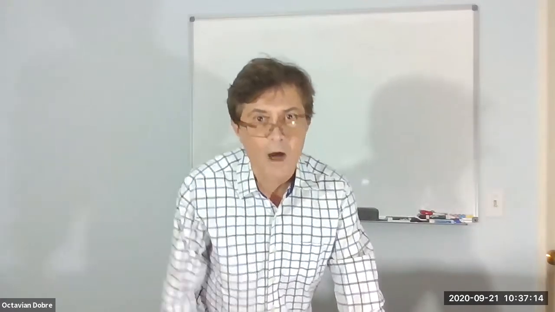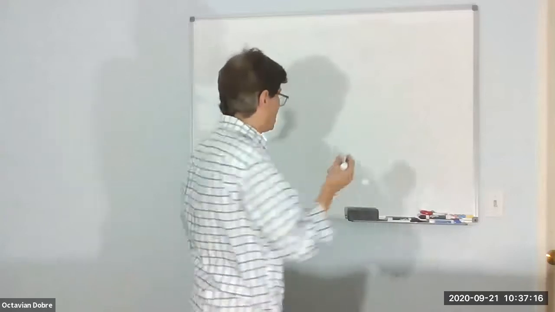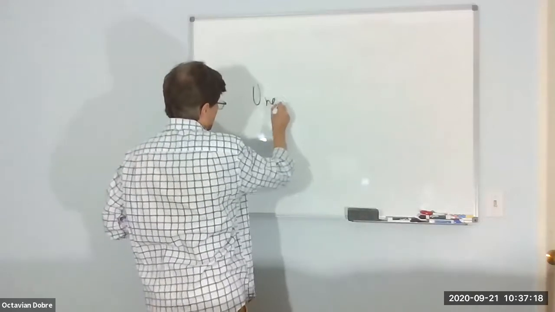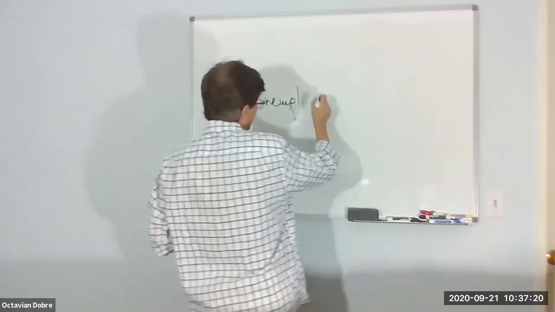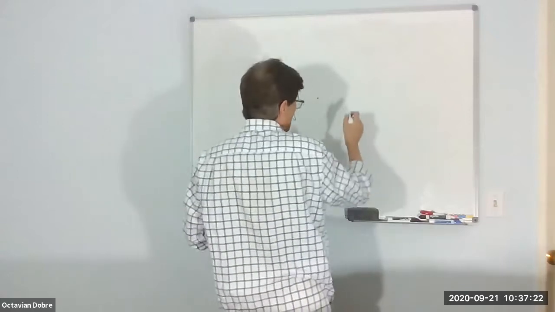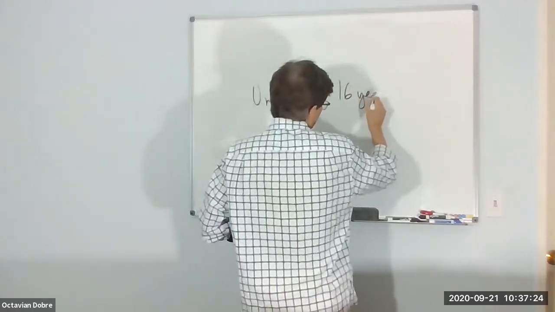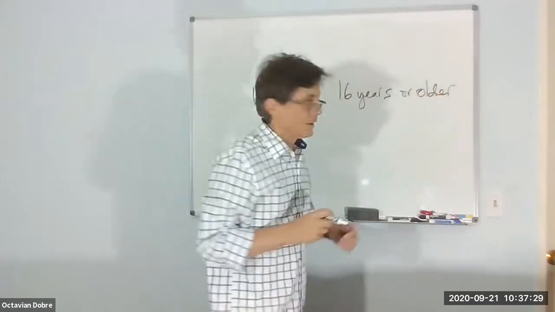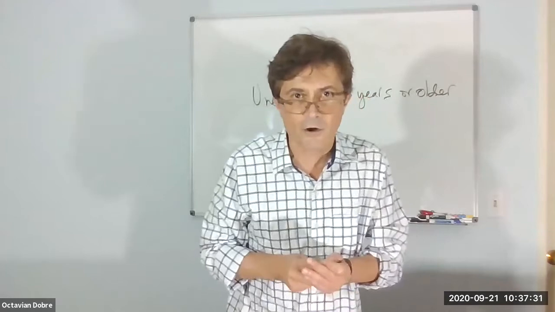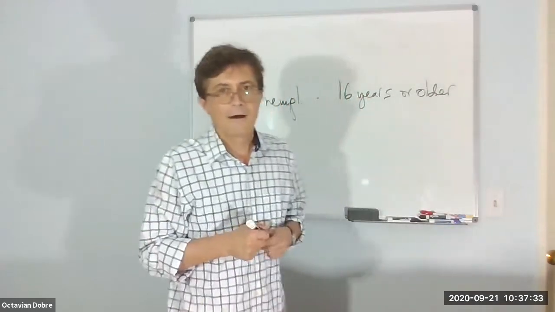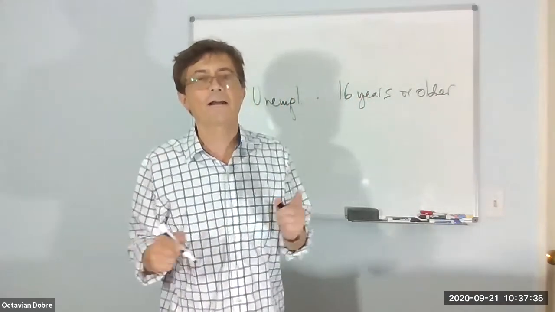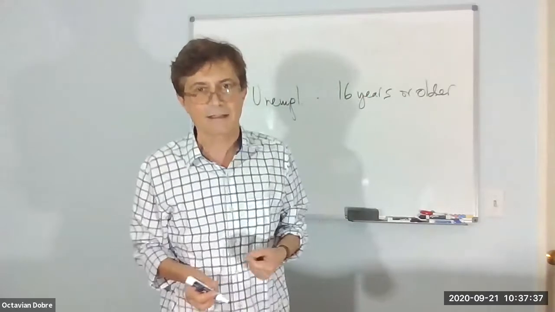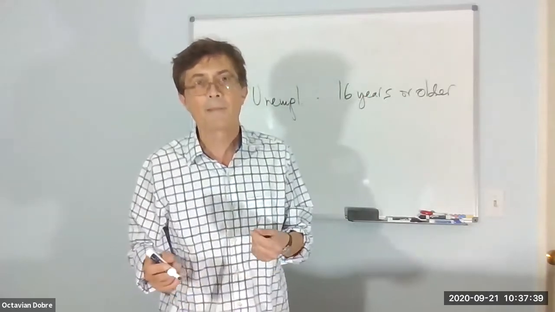Well, I'm going to give you one condition of being unemployed. You've got to be 16 years or older. So a 10-year-old cannot be unemployed. Okay. You've got to be 16 years or older. What else? What would be another basic condition of being unemployed?